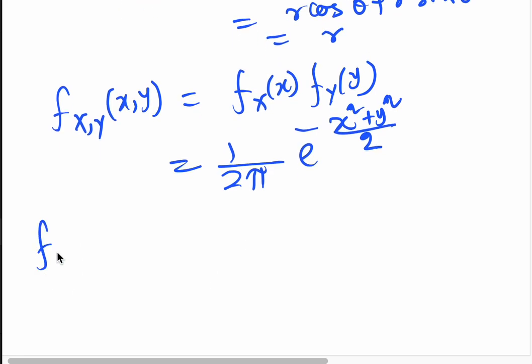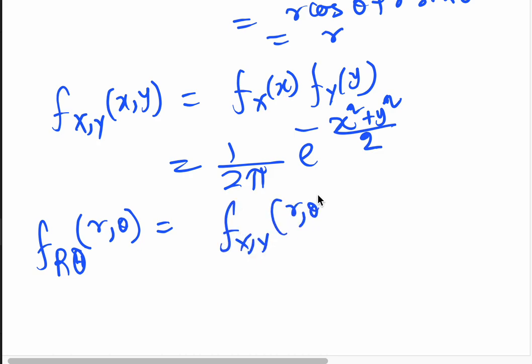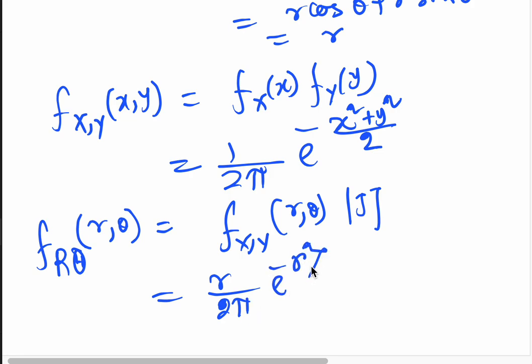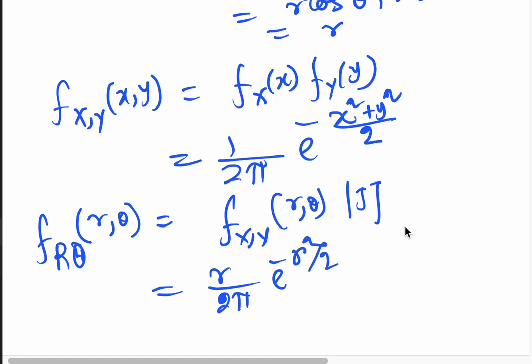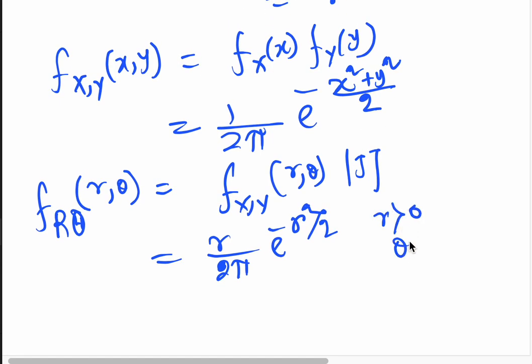Now f of r, theta will be f of x, y in terms of r, theta times the Jacobian, that is r by 2 pi e to the power minus r square by 2, where r is greater than 0 and theta belongs to 0 to 2 pi.